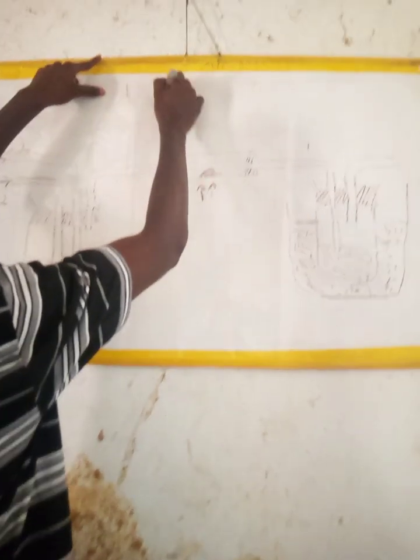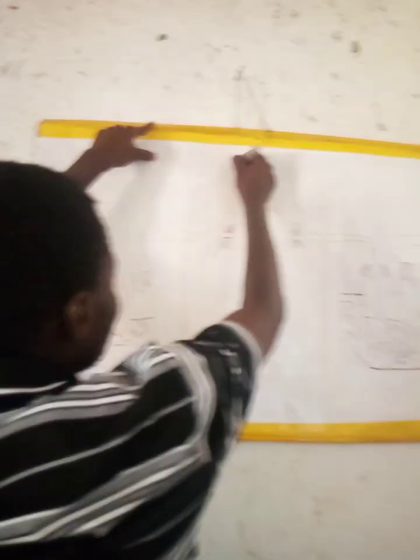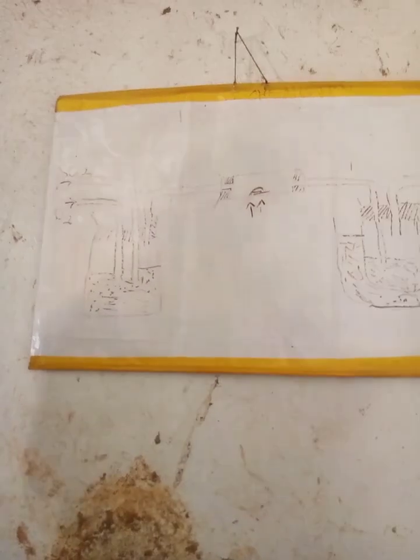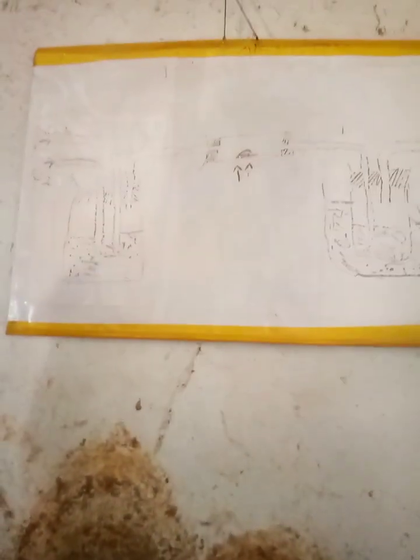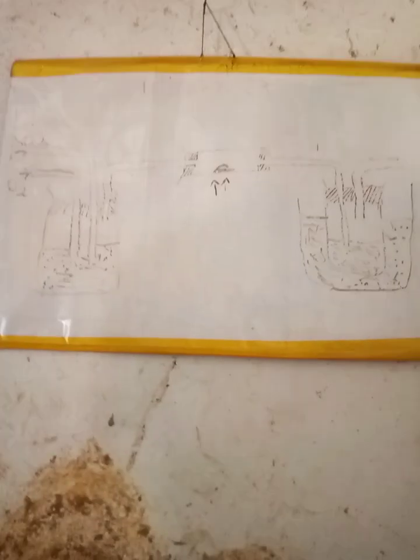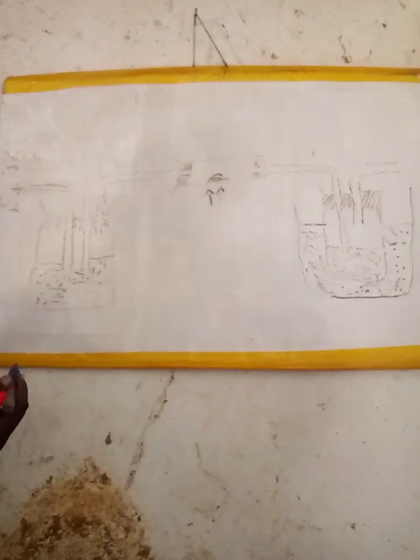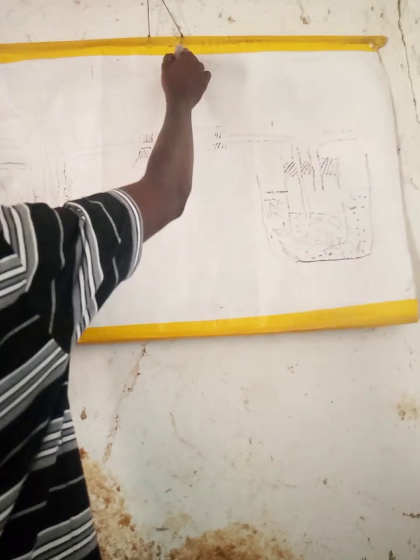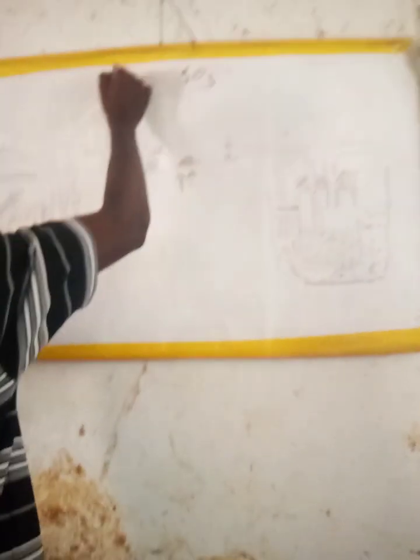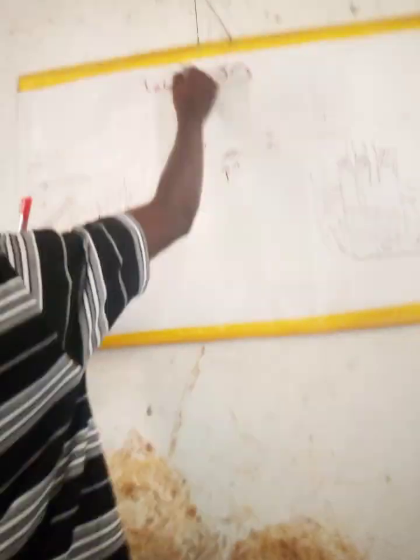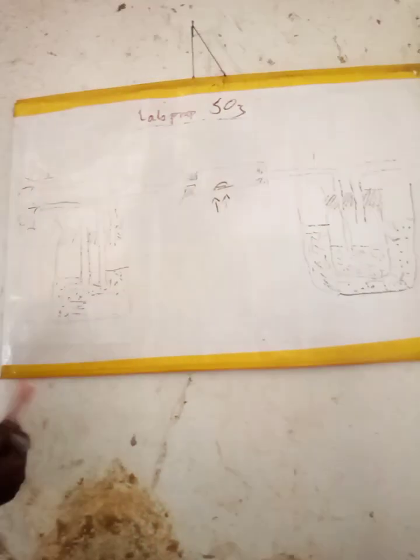Lab preparation of sulfur 6 oxide. This is a simple setup showing how sulfur 6 oxide is prepared in the laboratory. We are going to react excess oxygen with sulfur oxide.